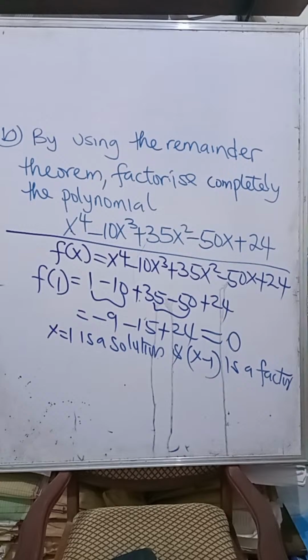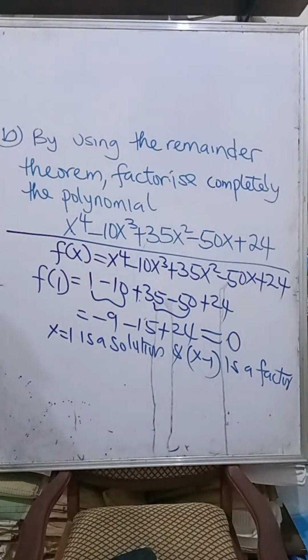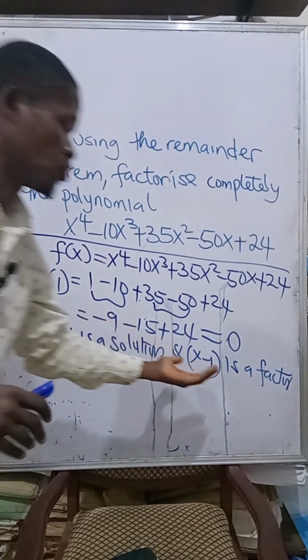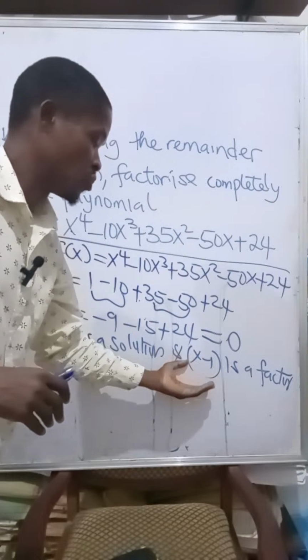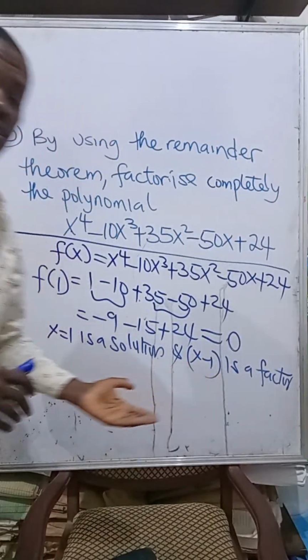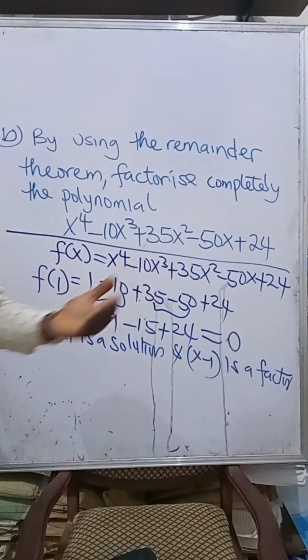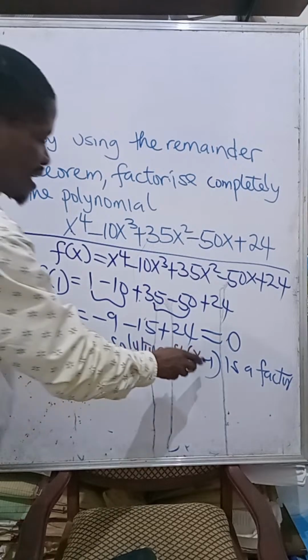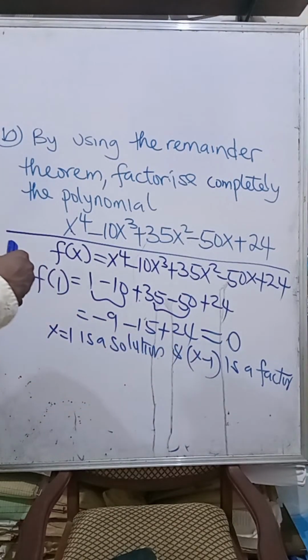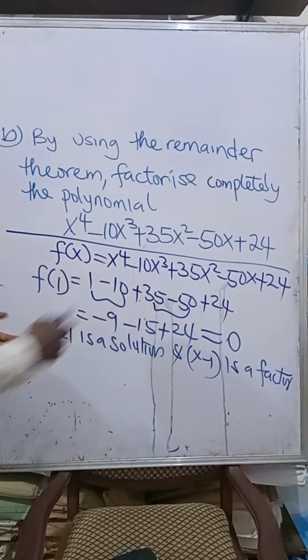Then we can go on and continue to do the work. Since we have gotten x minus 1 as a factor, what we do now is to use it for long division. Use x minus 1 to divide the polynomial.